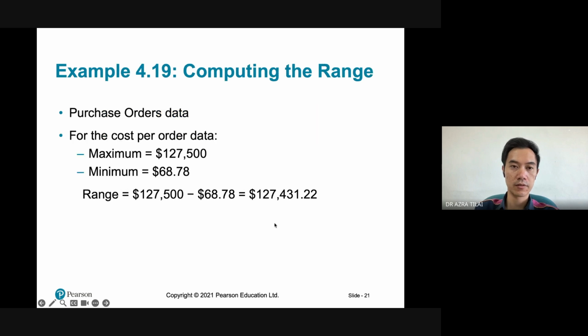Next. From the purchase order data, for the cost per order data, the maximum is 127 and the minimum is 68. So we go to the slide. Let's go to the Excel sheet of purchase order.